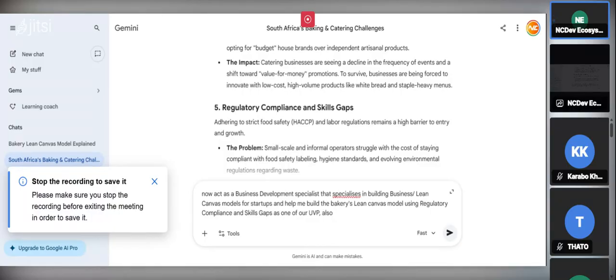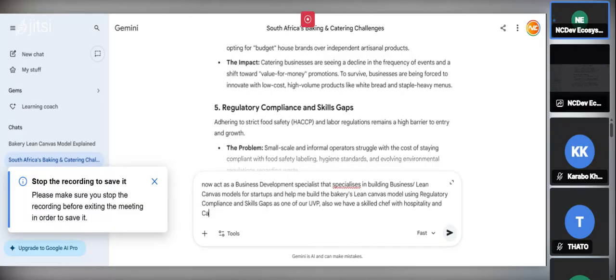Also, we have a skilled chef with hospitality and catering skills.